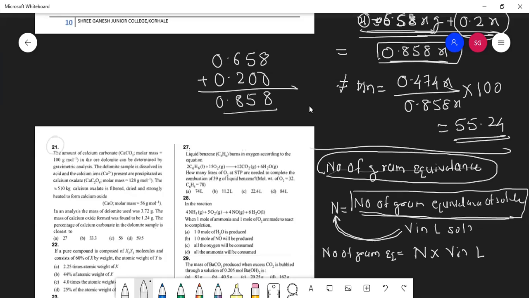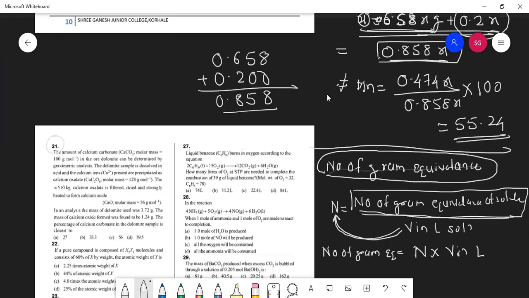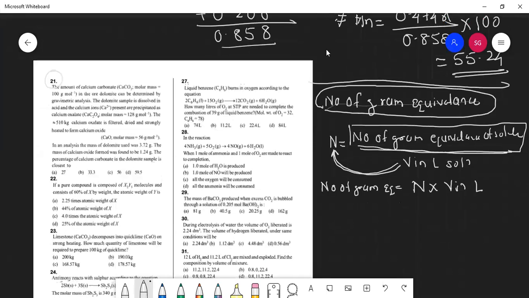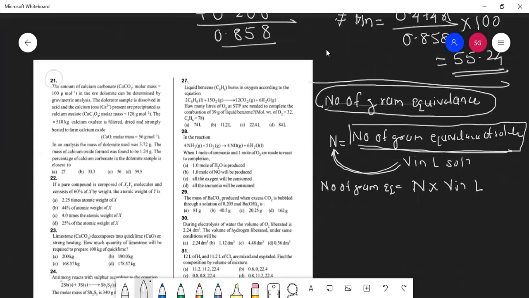Okay, students, this is the first formula. Second formula: do you know the relationship between normality and molarity? N is equal to M into X. Very good.